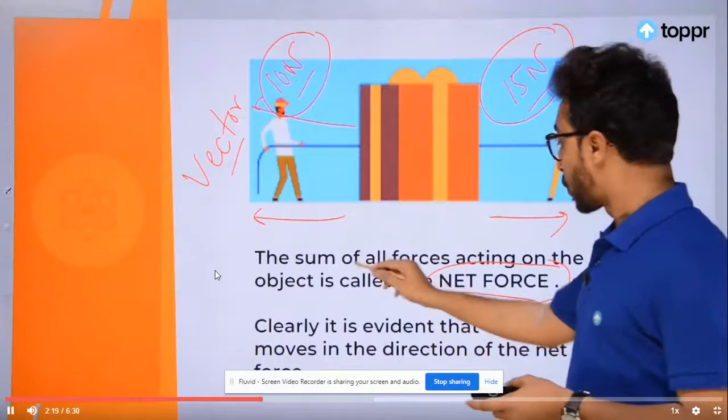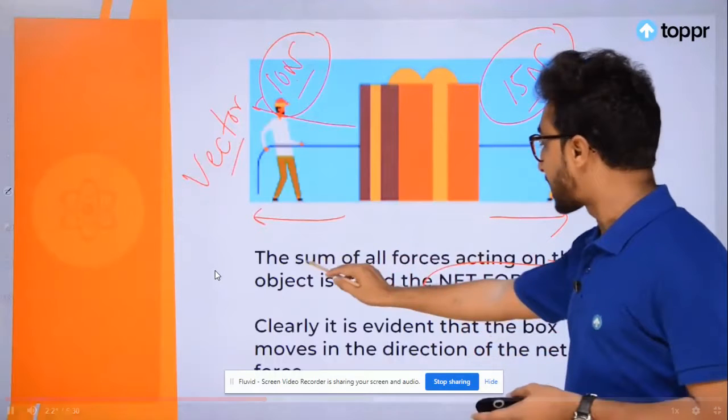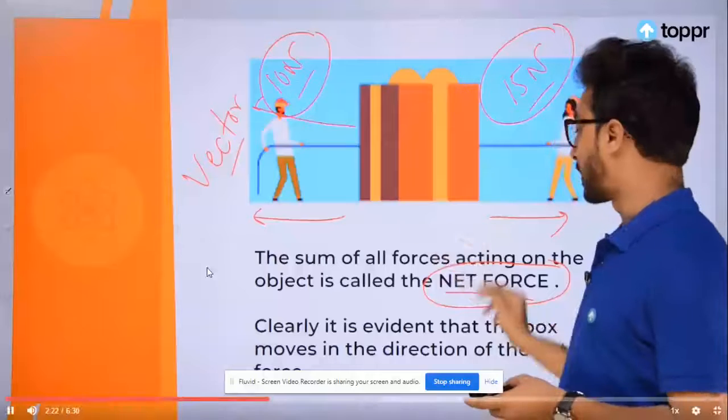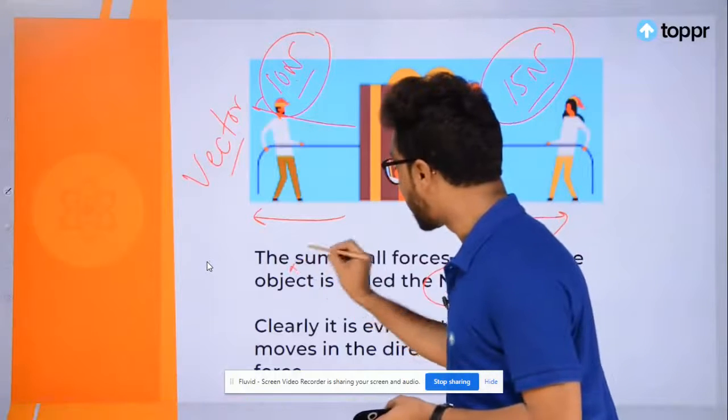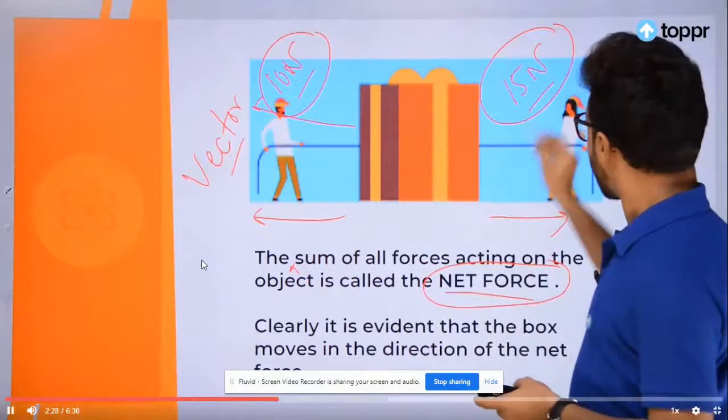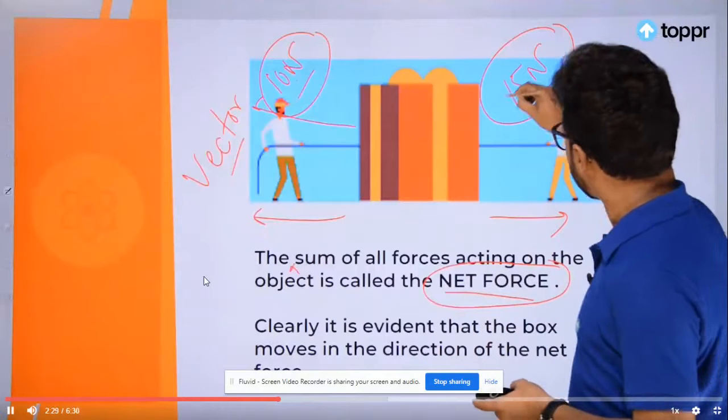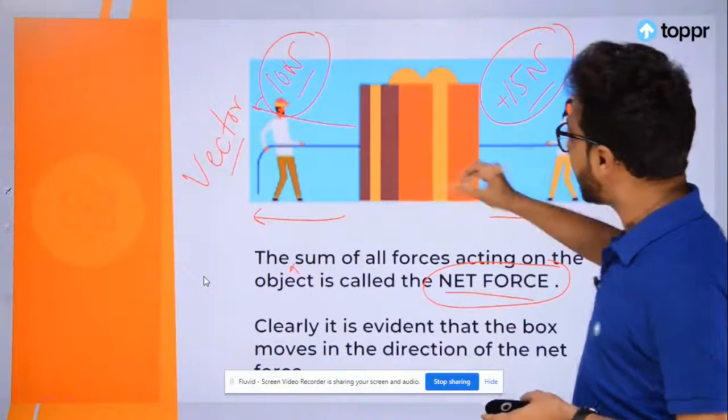So what is said, the sum of all the forces acting on the object is called the net force. Sum means it should be the algebraical sum. So here it is plus 15, here it is minus 10.